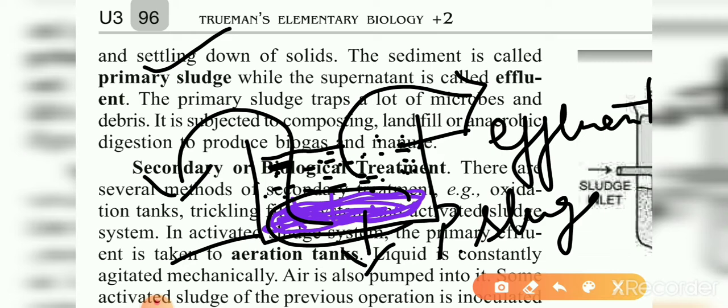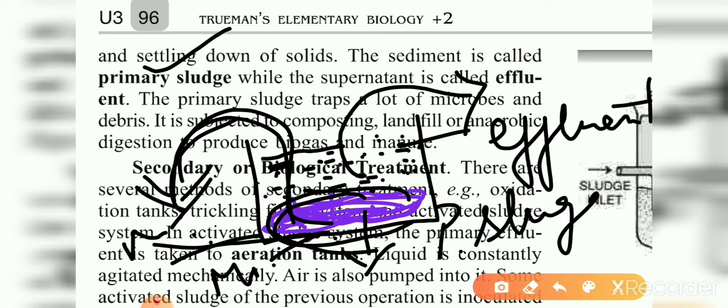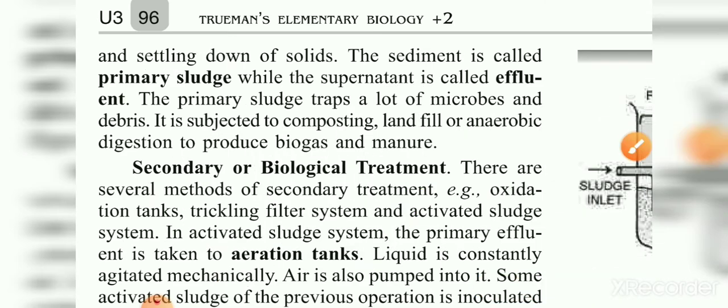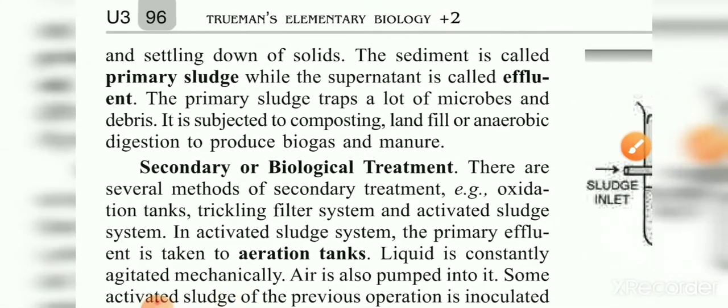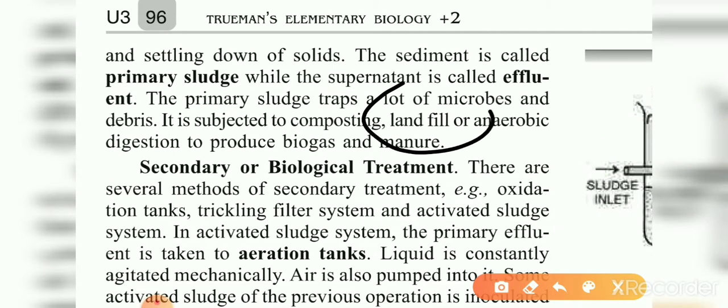decomposition. It is taken in certain pits, and the sludge is put into the pits. Along with the sludge there are microorganisms also. They cause its decomposition and change it into manure. Or this sludge is sent to landfills to fill the lands in barren areas and low lying areas.